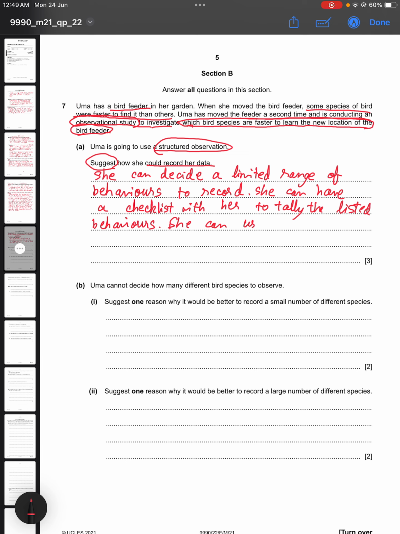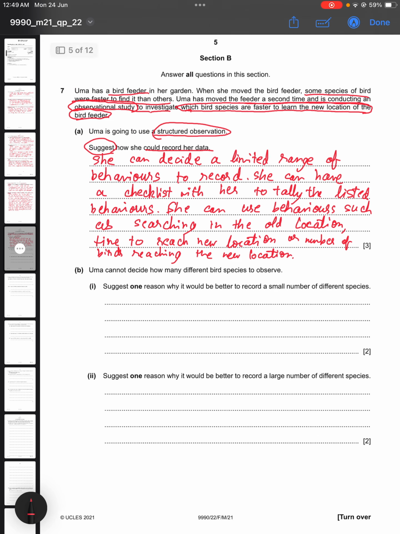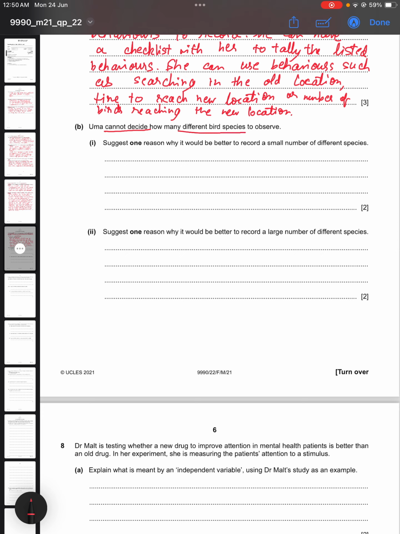She can use behaviors such as searching in the old location, time to reach new location, or number of birds reaching the new location.